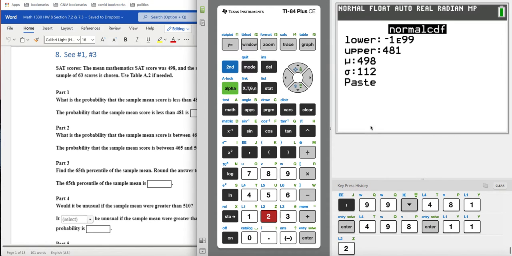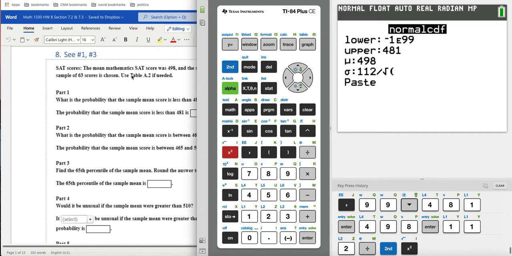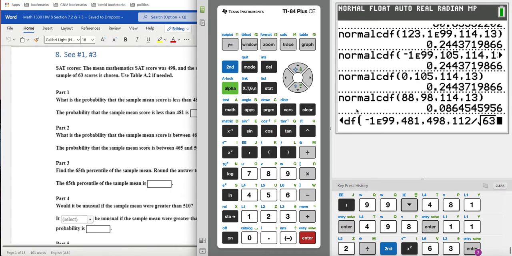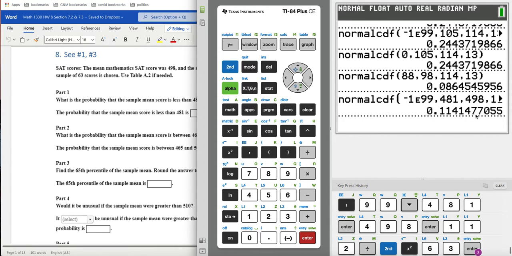And then right here on this line, we do divided by square root, so second x squared, sample size 63. And you don't actually need to enter that closing parentheses there, I've found. So there you go, and it just spits out your answer.